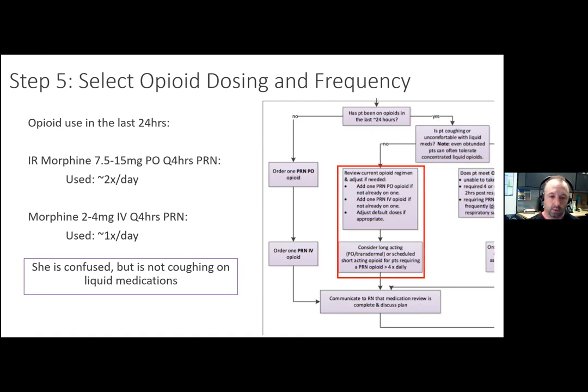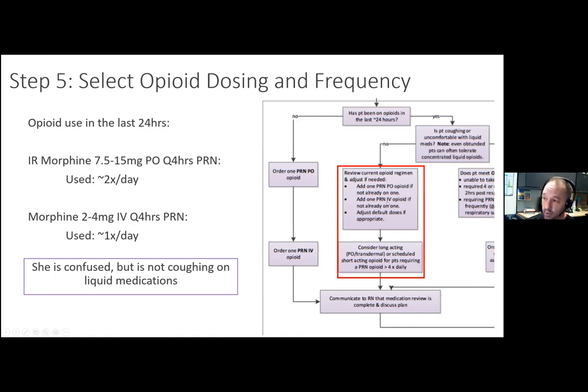Note that if we go down this other path, a patient who hasn't been on opioids, it's important to notice that there's no role for long acting.